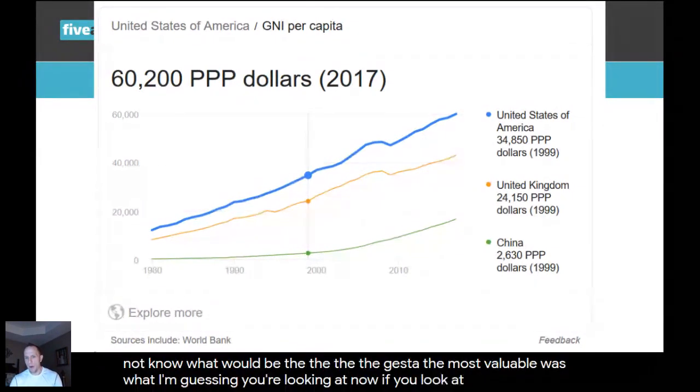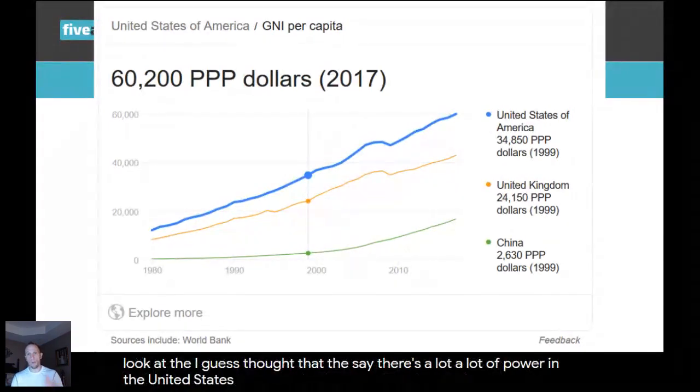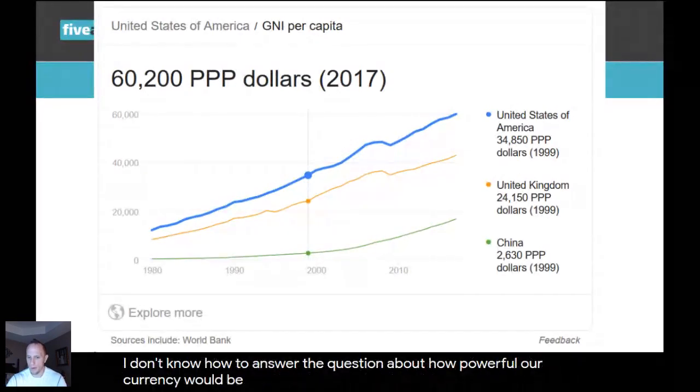I'm not honestly sure how to answer that. I'd say there's a lot of power in the United States when you factor in how much our GNI is, but I don't know how to answer the question about how powerful our currency would be compared to something else.